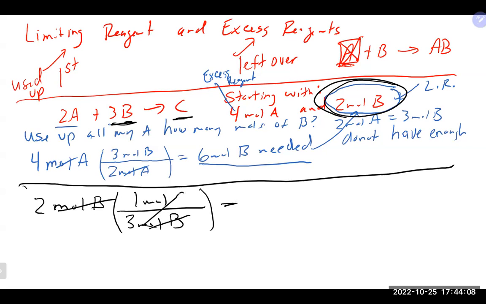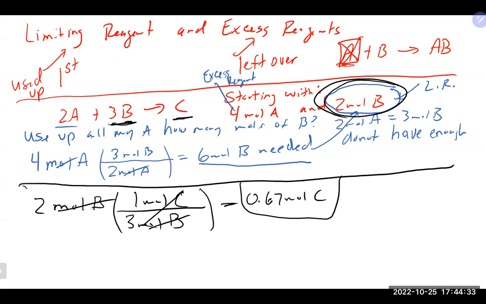And basically we would get 2 divided by 3, giving us 0.67 moles of C. Obviously, if we knew the molar mass of C in this little example here, we could figure out how many grams that would be. But that would be sort of our theoretical yield in this case.